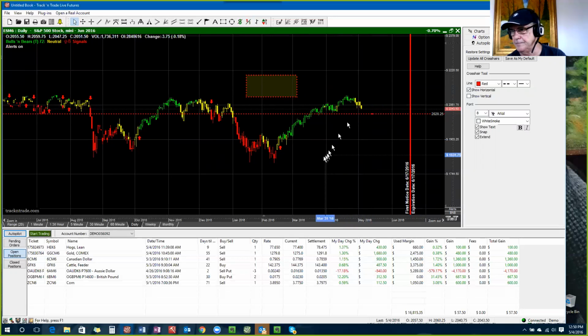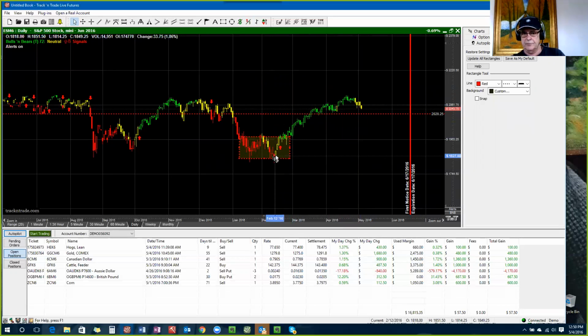I want to be a buyer, because I could keep very, very tight stops by doing that. And then I'm either going to be right and make good money, or I'm going to be wrong and lose a few hundred. But what I'm looking for are one of these moves.